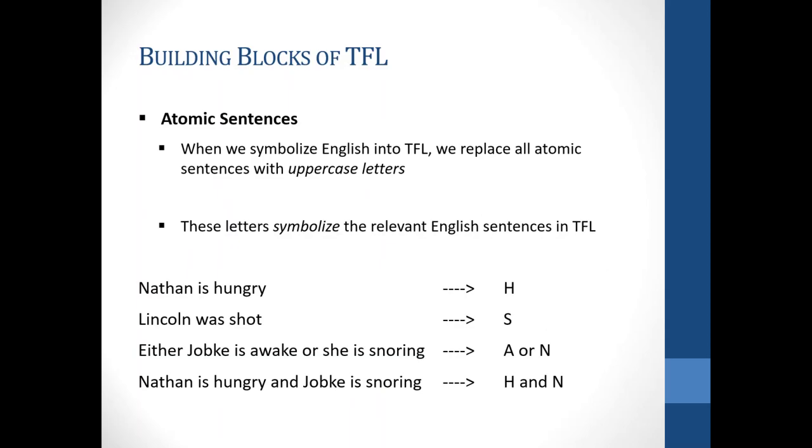So we do something like this. Nathan's hungry, capital H. Lincoln was shot, S. Either Yomka was awake or she's snoring. Well, let's have A be Yomka's awake and she's snoring. You see the idea. Shouldn't the third one be XOR? What do you mean? Like it's either one or the other, right?